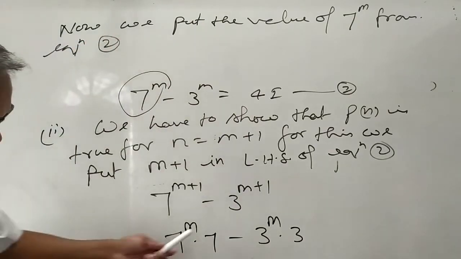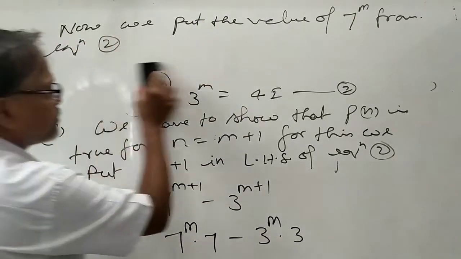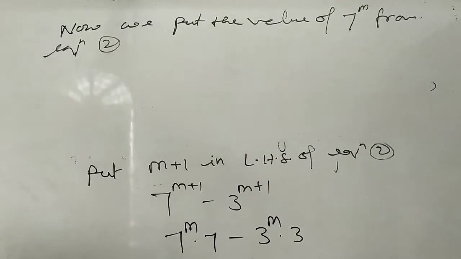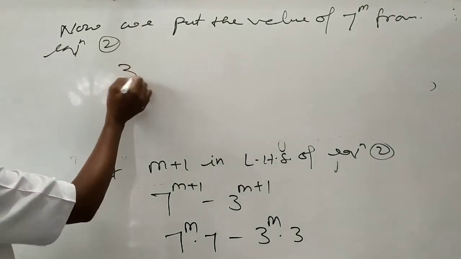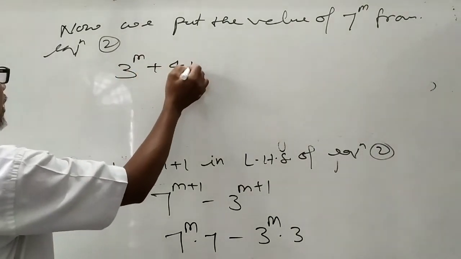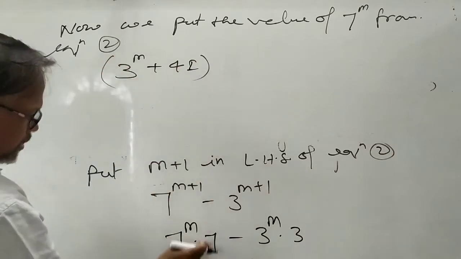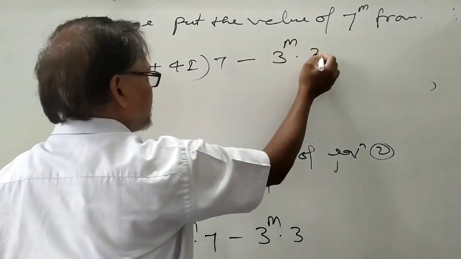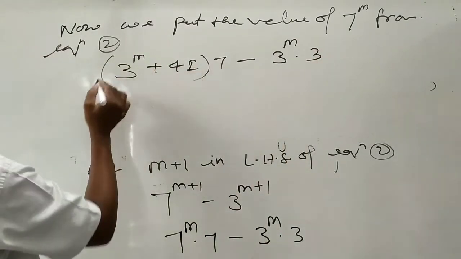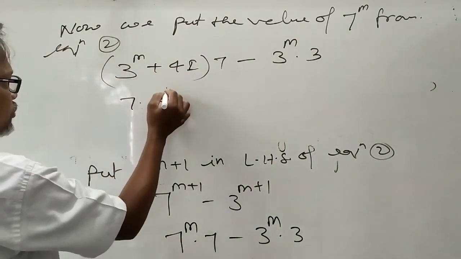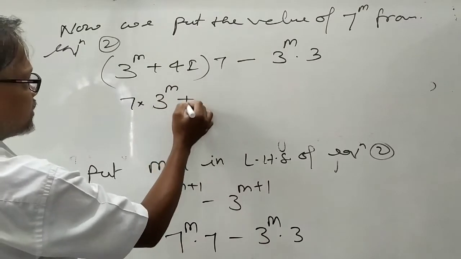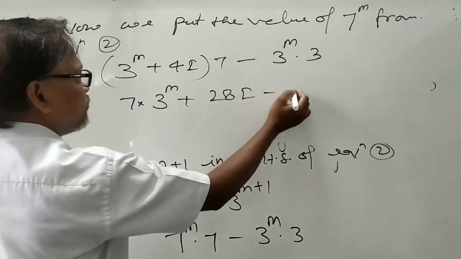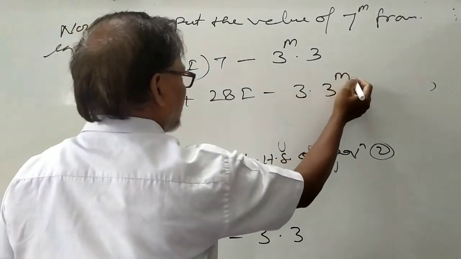अब इसमें हम रख देते हैं इस वाले, तो what you will get, 3 to the power m plus 4i into the 7 minus 3 to the power m. इसको नहीं चेंज करना है, अब 7 को इधर, तो 7 into 3 to the power m plus 28i minus 3 into 3 to the power m.